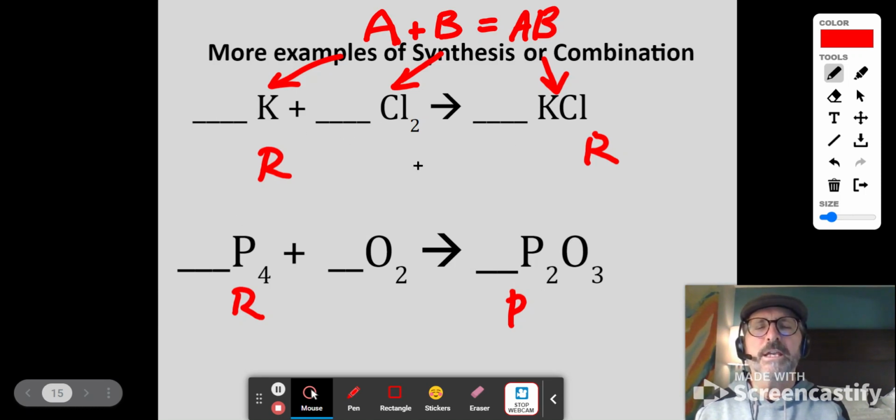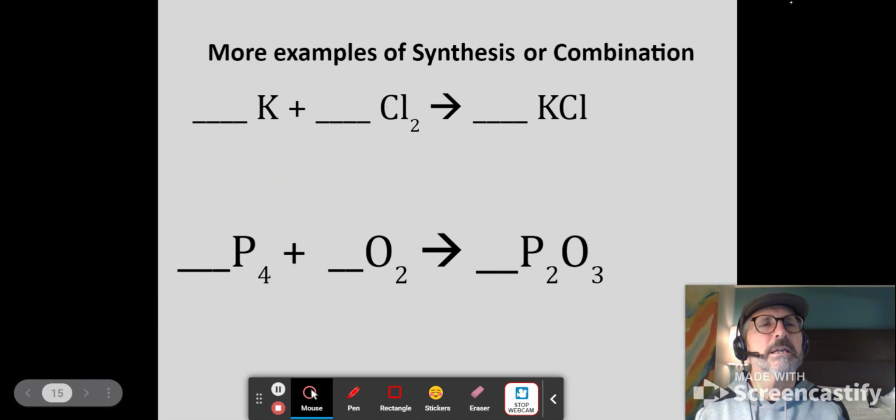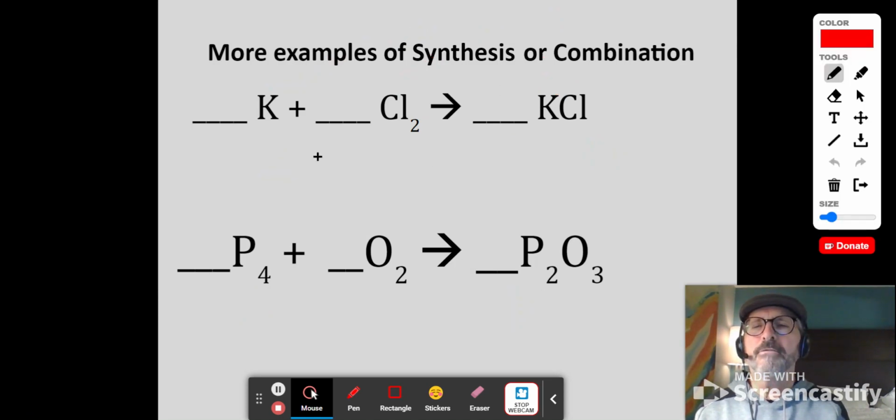So in this particular case, if I look at my K's and my Cl's, right? Separate these. On the reactant side, I have 1 and 2. On the product side, I have 1 and 1.